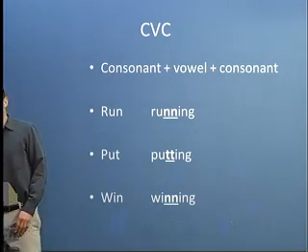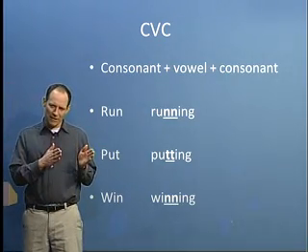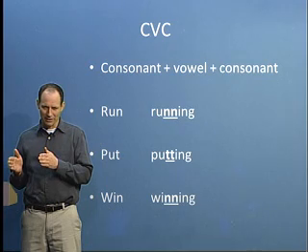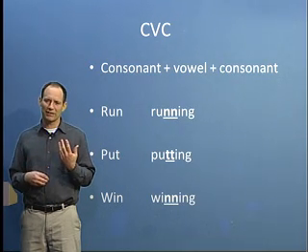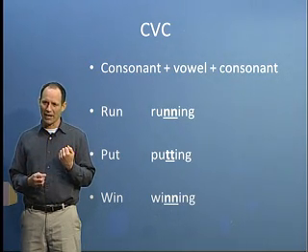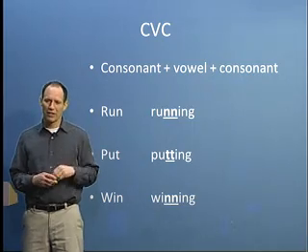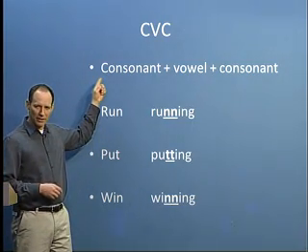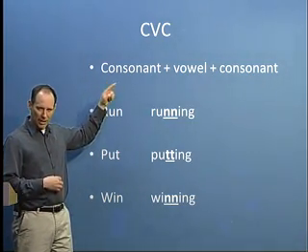It goes back to this idea of consonant, vowel, consonant. We've seen this in short verbs that have three letters. So, real quick, a consonant, a vowel, then a consonant.